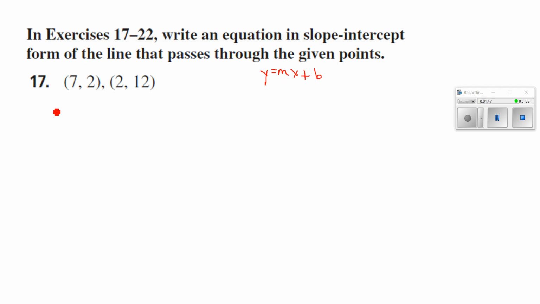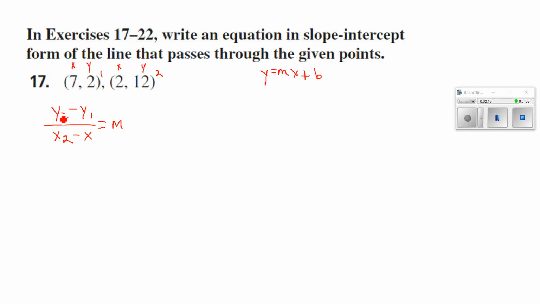I can use my slope formula, y2 minus y1 over x2 minus x1, to find what m is. So we're going to assign each one of these number 1 or number 2. I'm going to make this one number 2, this one number 1. Remember, this is always my x, this is always my y.